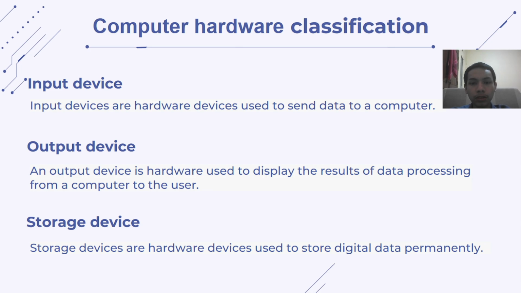The input signal is in the form of data that is entered into the computer system, while the maintenance input is in the form of a program that is used to process data that has been entered into the computer system.